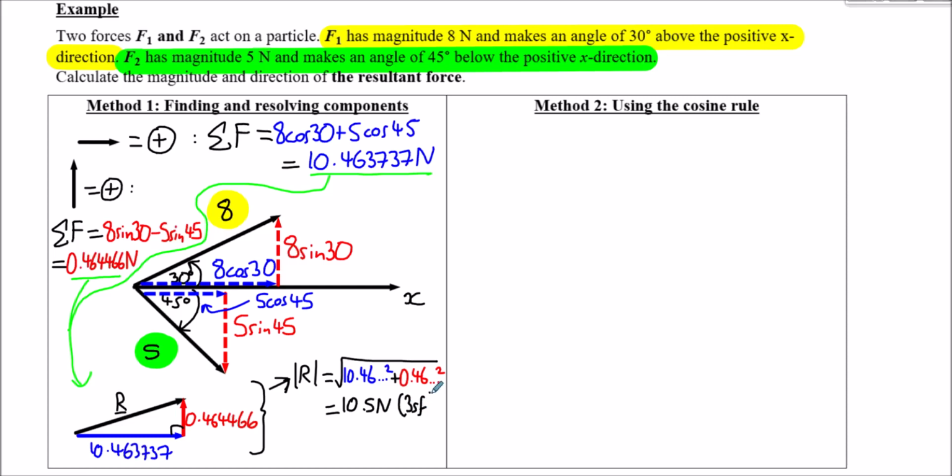So 10.5 newtons to 3 SF. And the angle it's making here with the horizontal, if we call that theta, I know the opposite, I know the adjacent. So I can do tan minus 1 to work out this angle theta that the resultant is making with the positive x-axis. So theta is tan to the power minus 1, 0.46, so on, divided by 10.46, so on and so on.